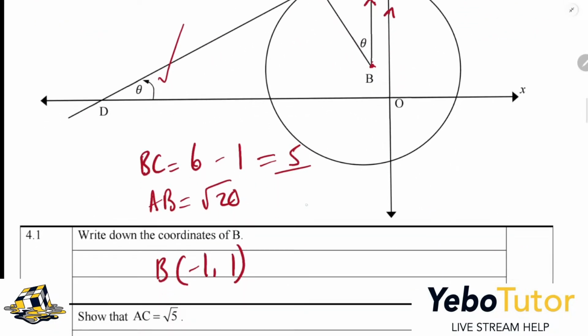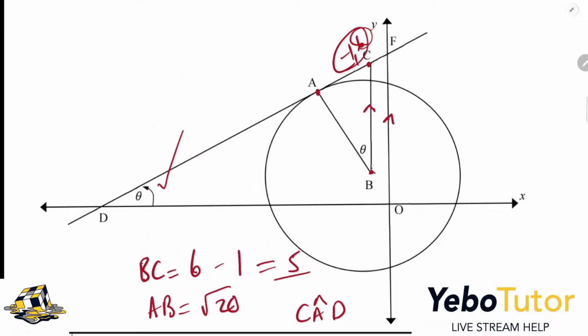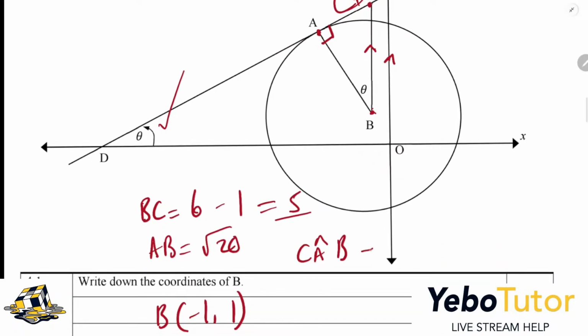And we also know that the angle CAB is 90 degrees. Why? Because we know that the tangent is perpendicular to the radius. So Euclidean geometry is already playing into place here.